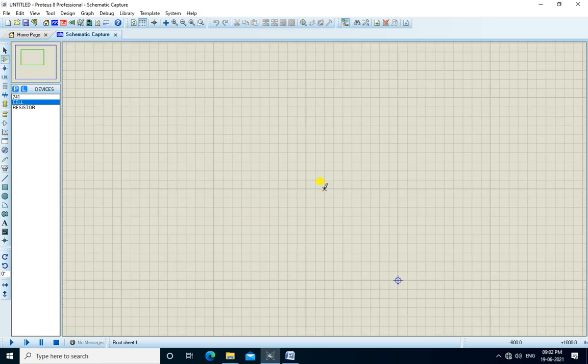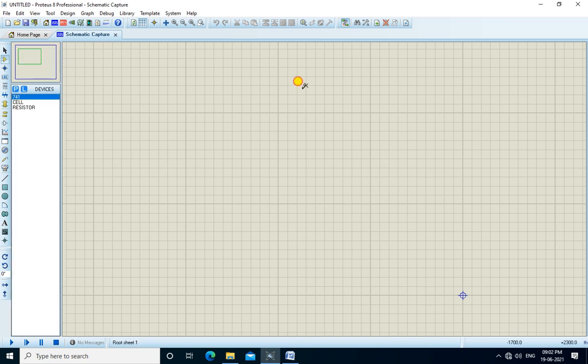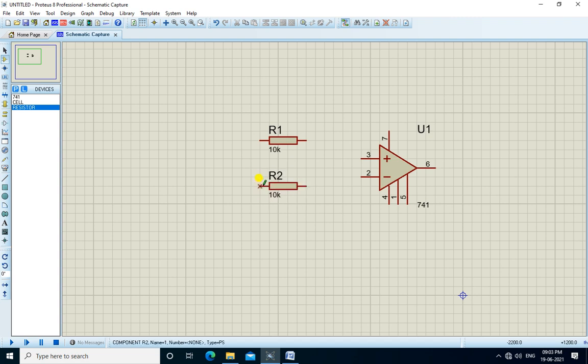Okay, now we will place all the components. We start from IC741 and we place the resistors R1, R2. We apply the voltages V1, V2 through these two batteries.